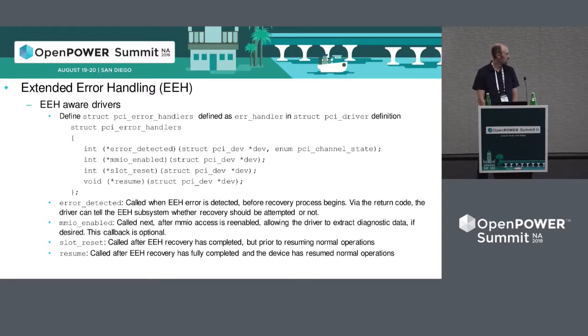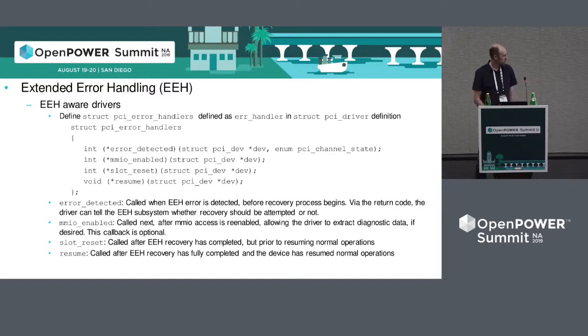There's an optional MMIO enabled one, which not many drivers use. If you want to try to extract failure data out of your device before it's been reset and cleaned up, the EEH code will re-enable MMIOs so you can try to pull some of that information out. That's called next.